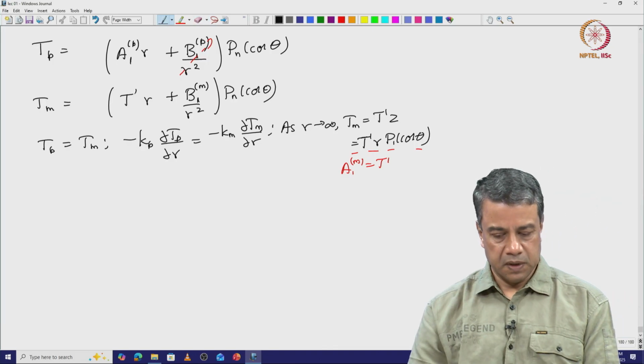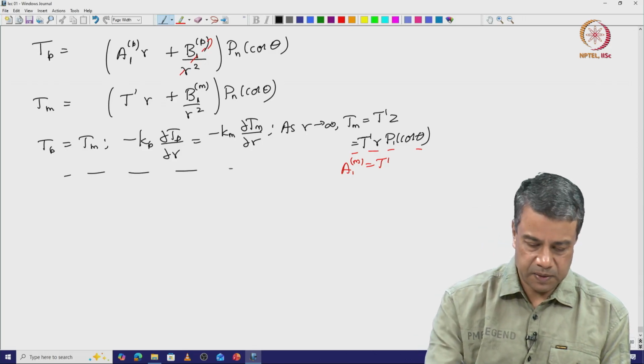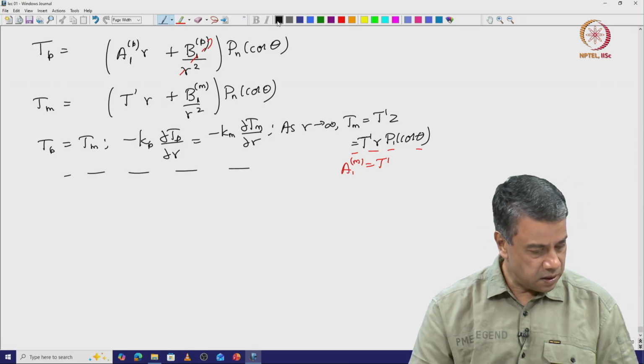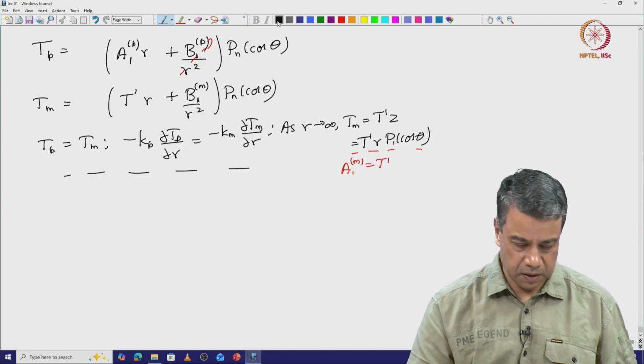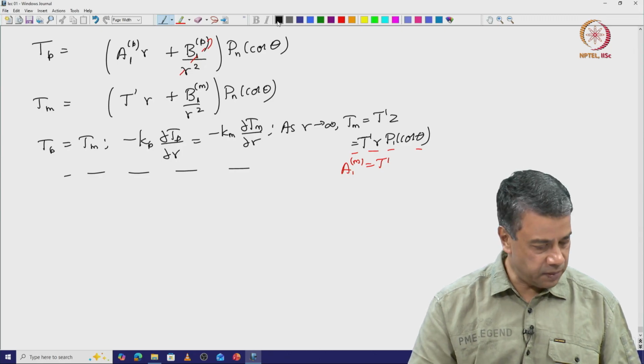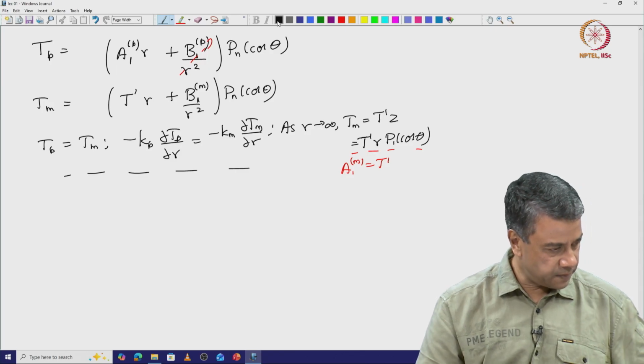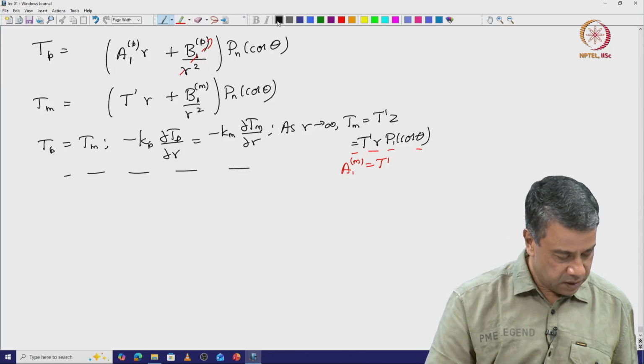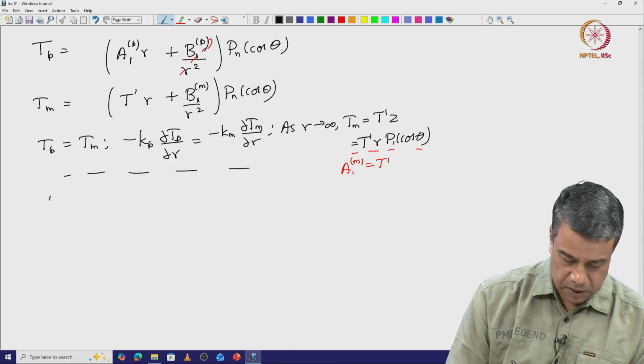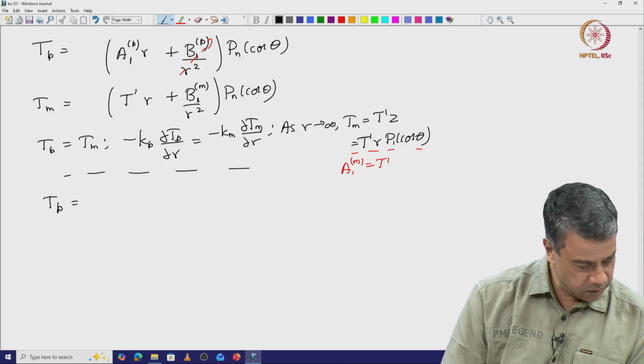And from these two boundary conditions we can find out what A1p and B1m are.